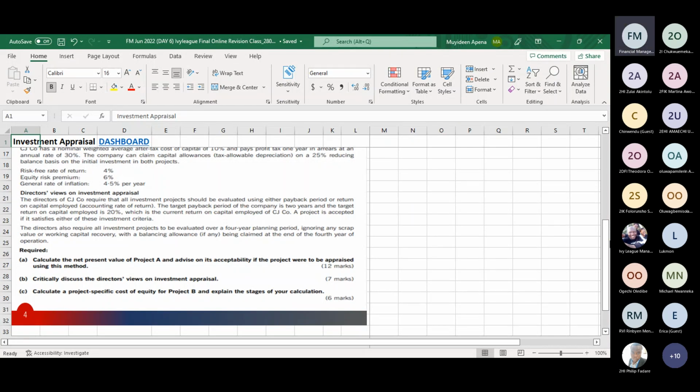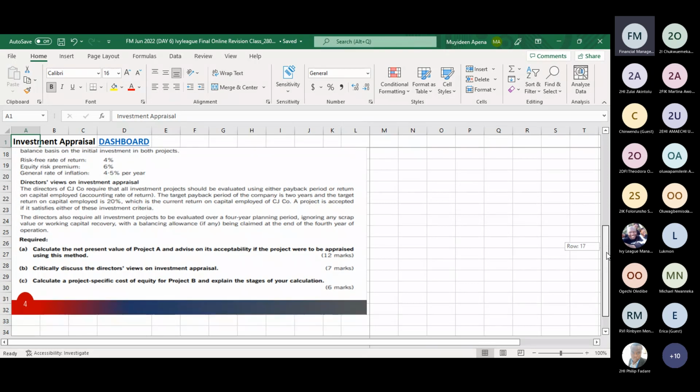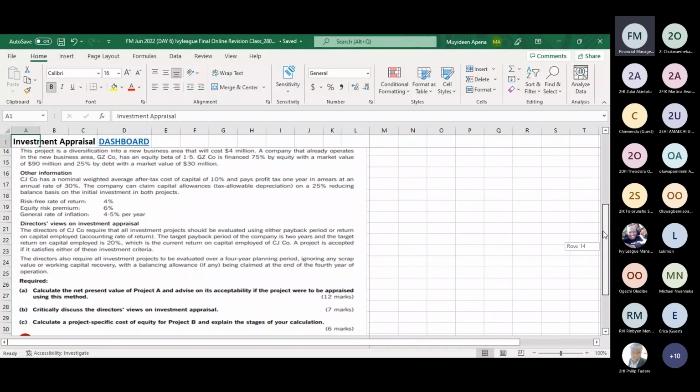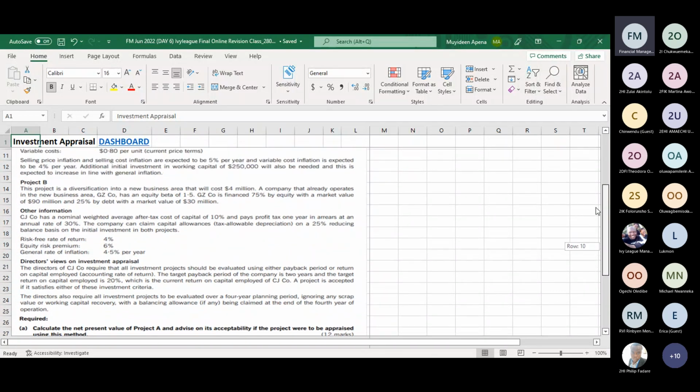B says critically discuss the directors' views on investment appraisal, and C says calculate the project-specific cost of equity for project B and explain the stages of your calculation. So we'll be dealing with the first one here on this page, calculating the net present value of project A, and then we'll advise on the acceptability of that project.